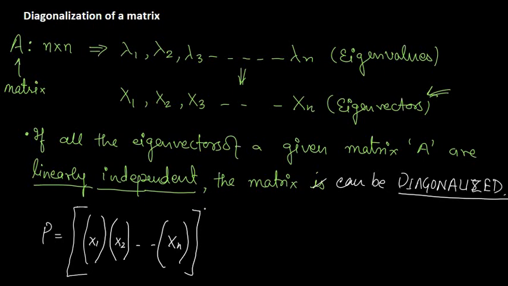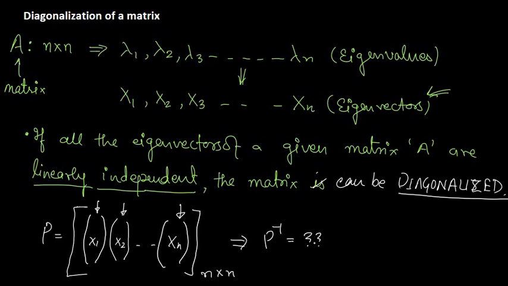This will be an n cross n matrix, so the columns of P are the eigenvectors of the matrix A. Then you can also find its inverse, P inverse, by doing some calculations.